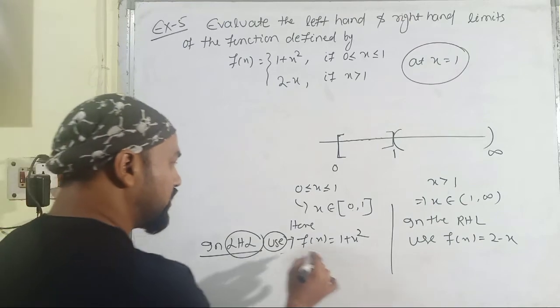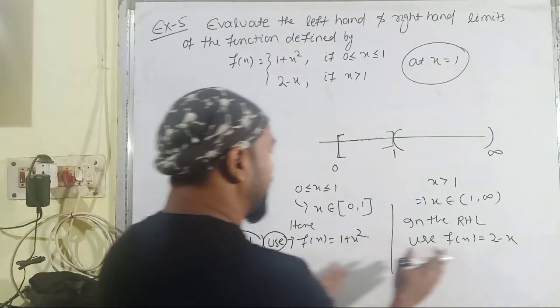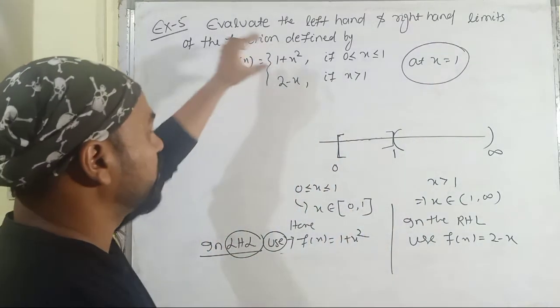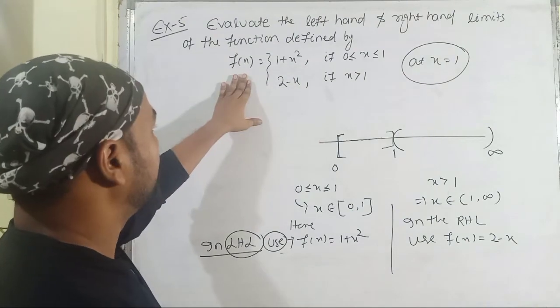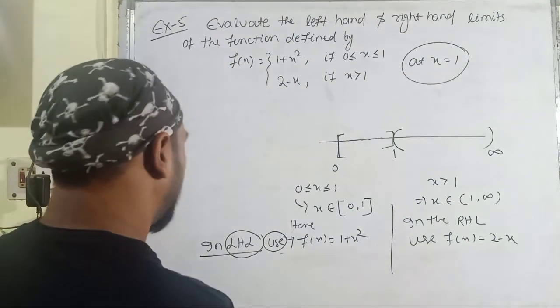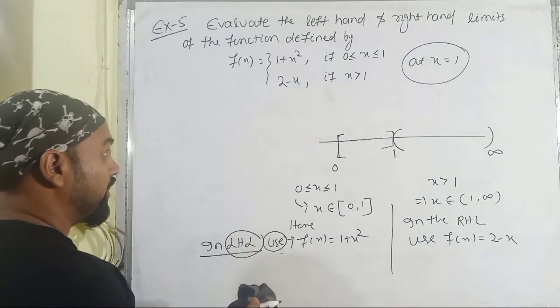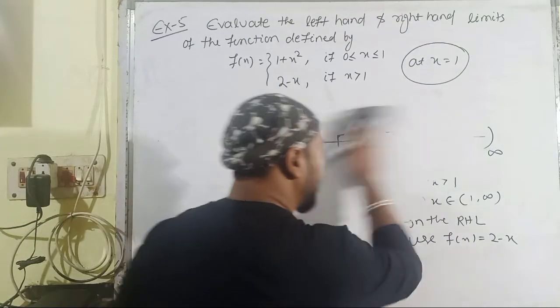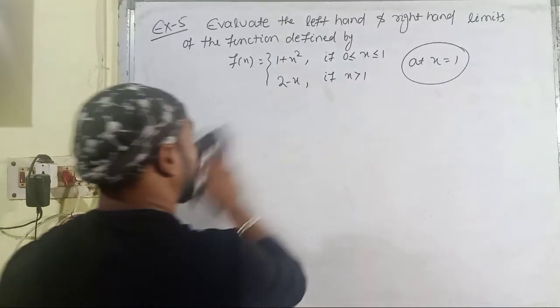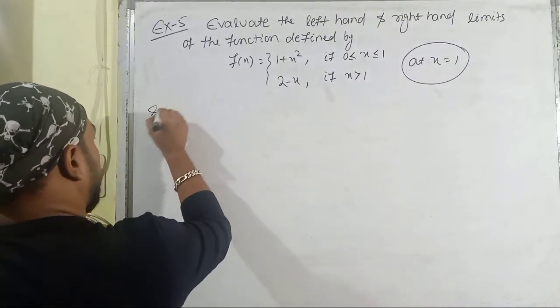So this is the difference between the left hand limit and the right hand limit, and the two functions given by f(x). So let us start from the left hand limit, then proceed towards the right hand limit. Solution.